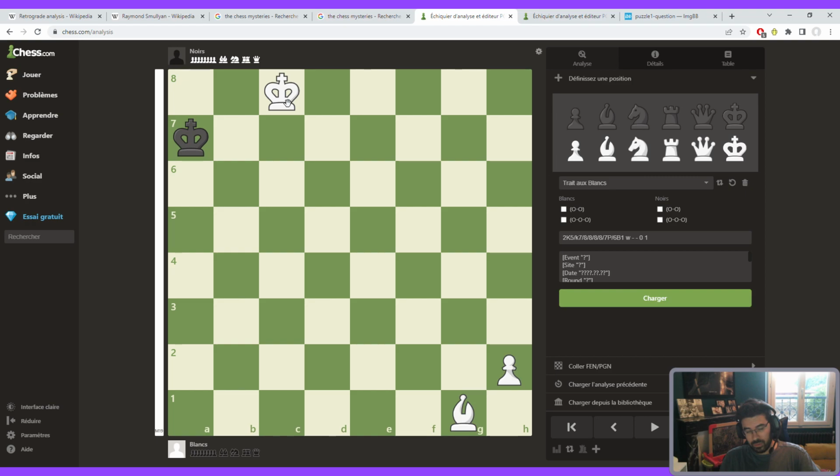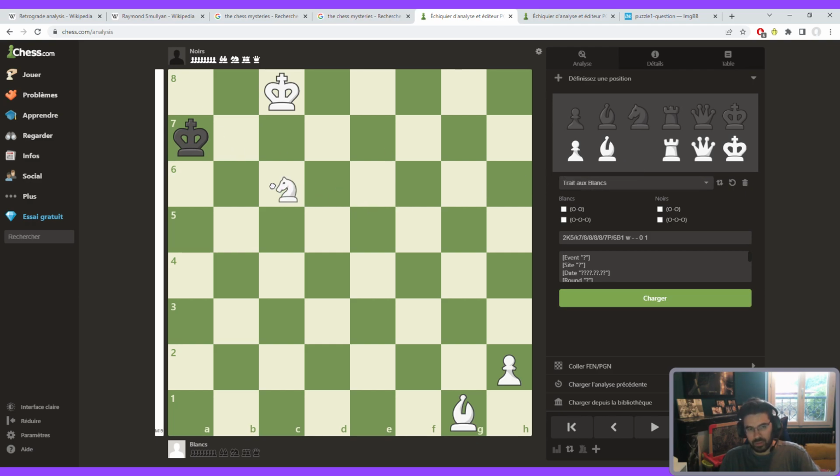Okay, so it means that it must be a move from a piece that is not anymore on the board. How is it possible? Well, there is only one possible way to do this. It means that the piece moved from the diagonal to a8 and was captured by the last move of black. And so, which piece can do this?